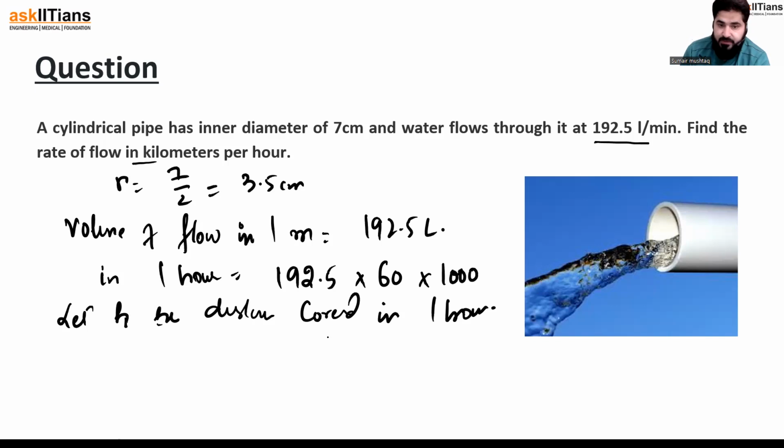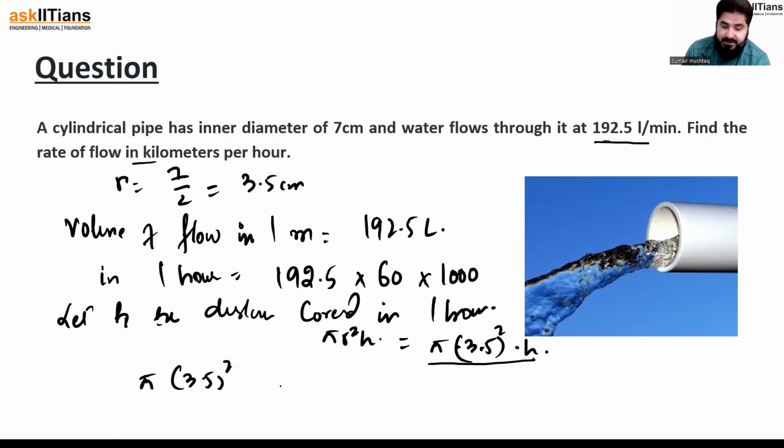So its volume will be pi r square h, isn't it? That is pi into 3.5 whole square into h. Now this volume is actually equal to the volume per hour. So pi into 3.5 whole square multiplied by h is equal to 192.5 multiplied by 60 into 1000.